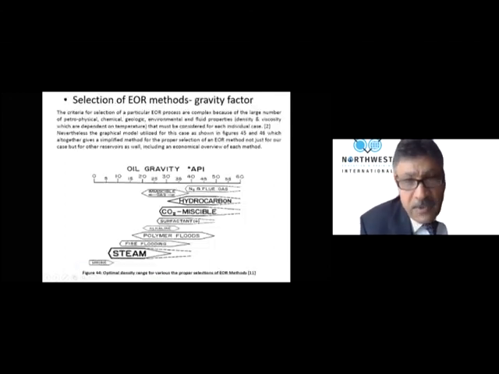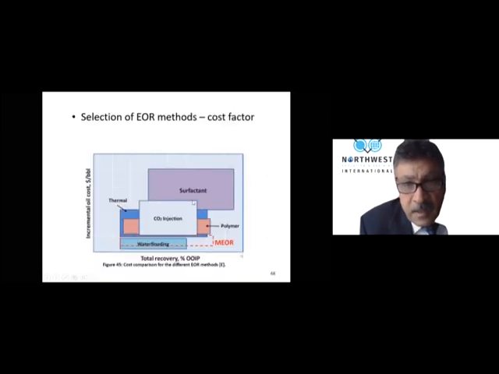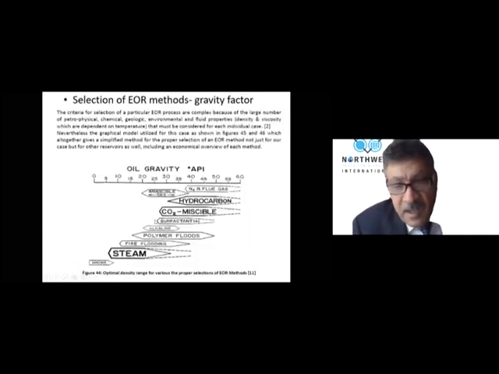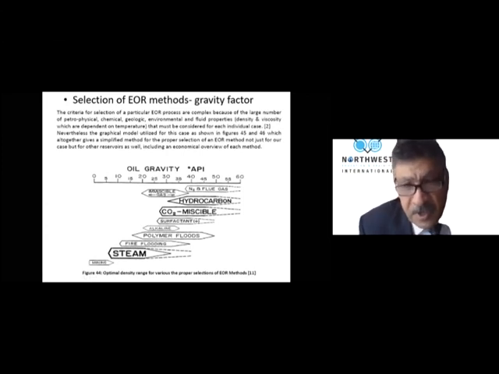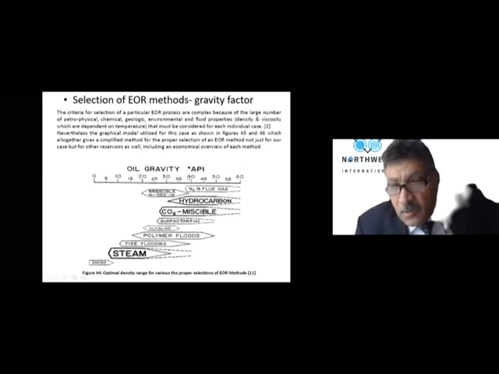This is property, but this is economy. And this slide talks about the impact of API on the choice of the tertiary or secondary recovery. So if you have heavy oil, small API, the answer is steam or thermal. You have a light oil with a large API, the answer could be nitrogen, could be gas injection, could be CO2 injection.